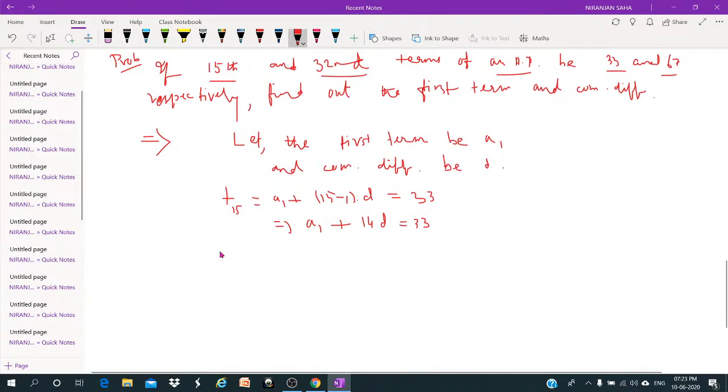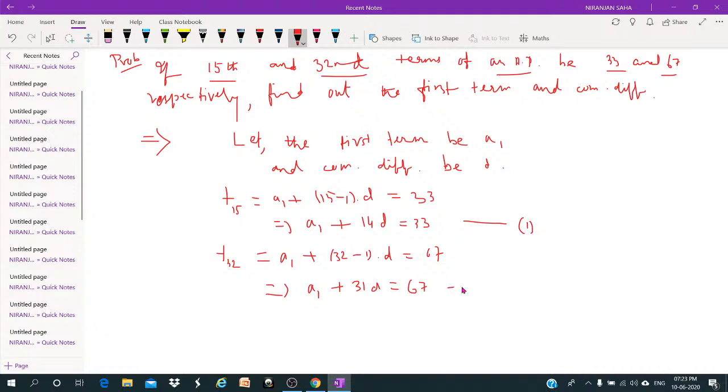And what is A32? This will be A1 plus 32 minus 1 into D is equal to 67. So we get here A1 plus 31D is equal to 67. Now we have to solve these equations. This is the first equation and this is the second equation.